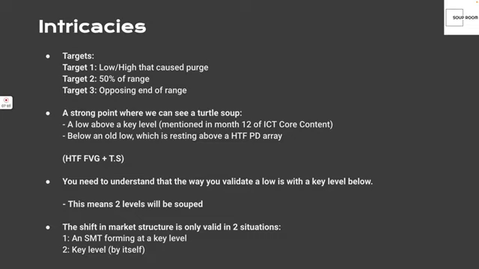The first level is the key level, and the second level is a lower time frame low or high. The shift in market structure is only valid in 2 separate situations. Number 1, an SMT is forming at a key level, or number 2, a key level by itself.